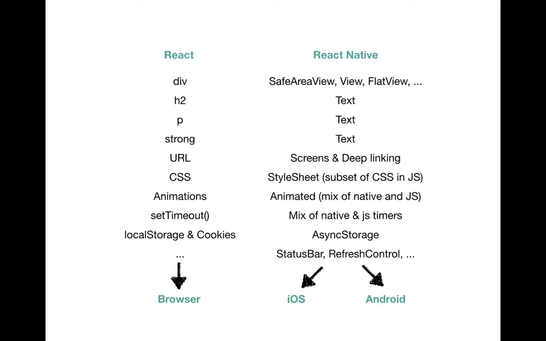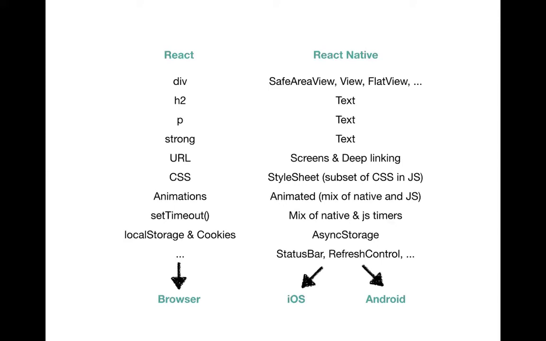So safe area view. You can also have view, a flat view for long lists, and so on. And you have about a dozen different views. H2, header or paragraph, text HTML elements. In React Native, you will have a text element for all of them, plus some styling. The same goes for strong.